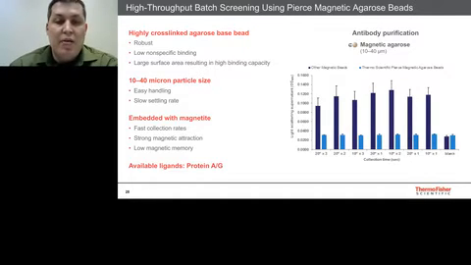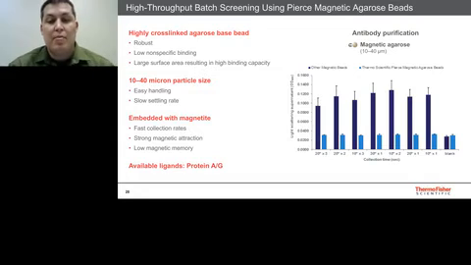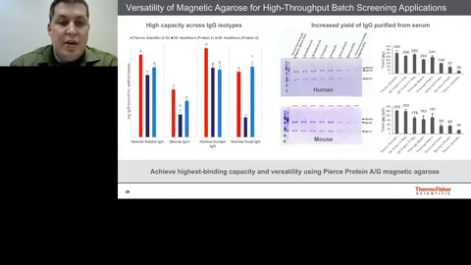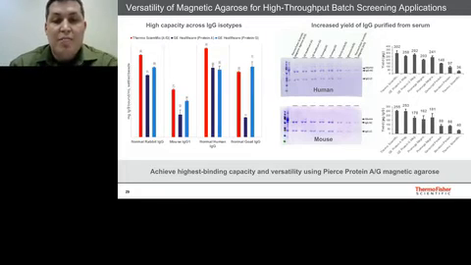We will now look at how the Pierce magnetic agarose works in some purification studies. This data is showing the binding capacity of protein AG magnetic agarose beads compared to both GE's protein A and protein G Mag Sepharose resins.